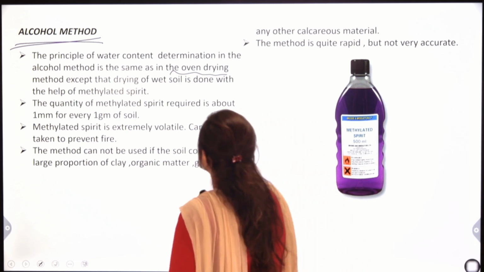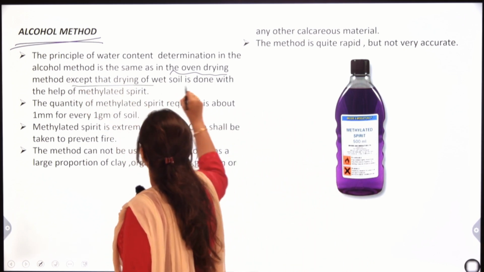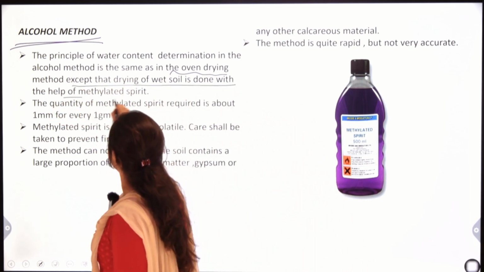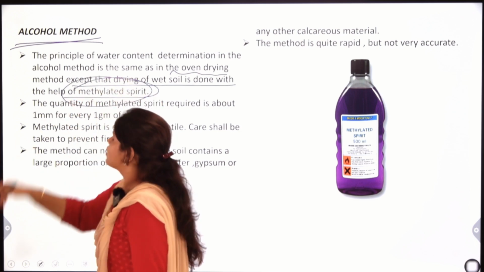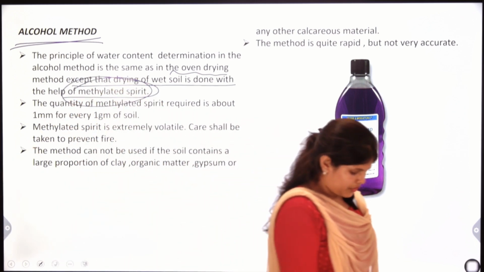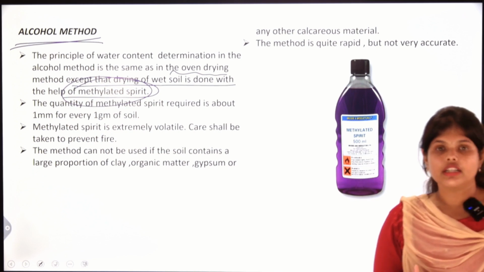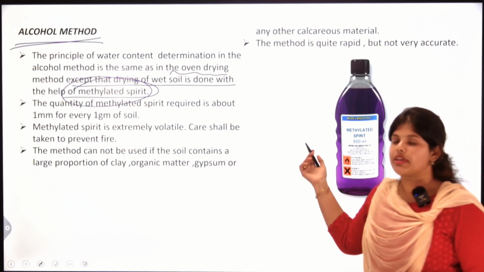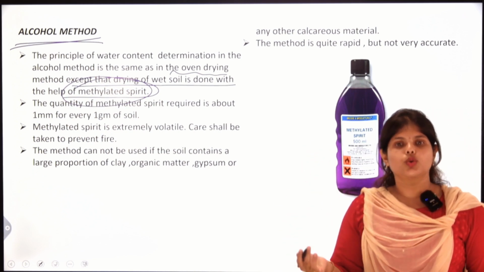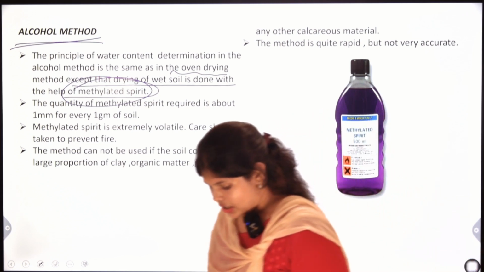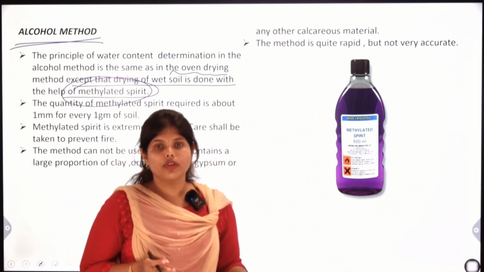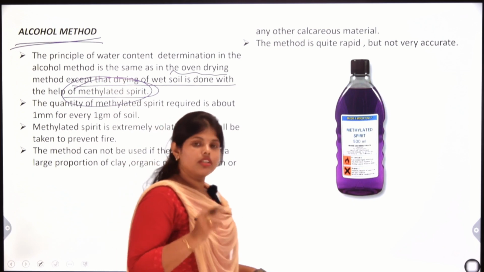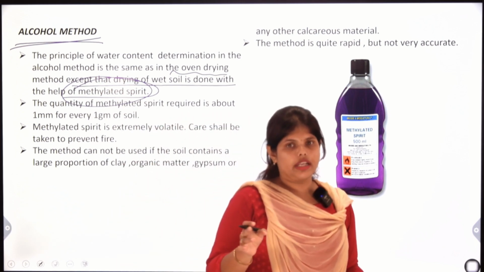Except that the drying of wet soil is done with the help of methylated spirit. So we will use methylated spirit to dry our wet soil. The methylated spirit will react with the water present in our soil.